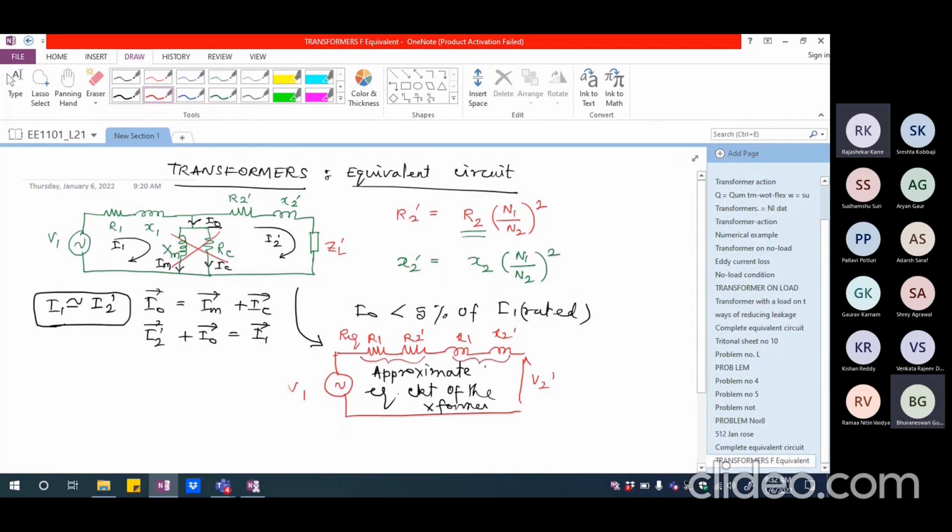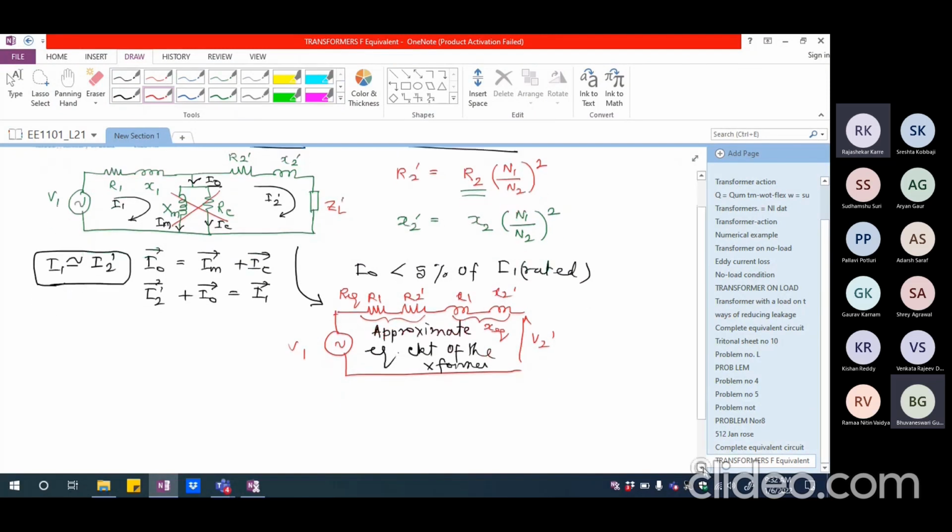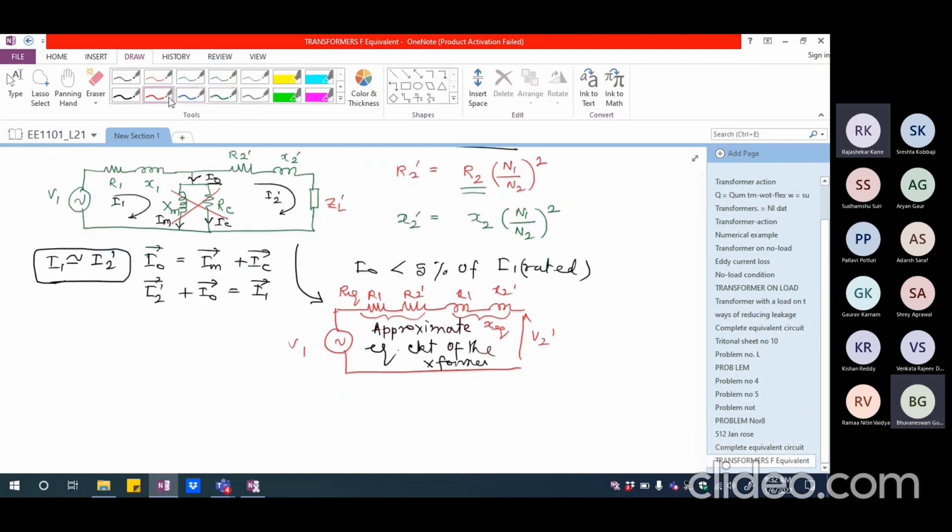And this is known as the equivalent leakage reactance of the transformer, which includes the primary as well as secondary winding leakage reactances. So I can draw simply from here a very simplified form of the equivalent circuit as R equivalent and X equivalent.